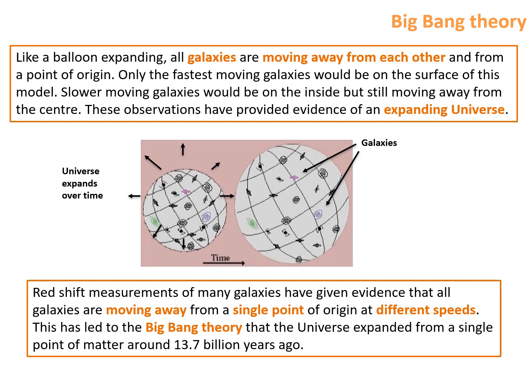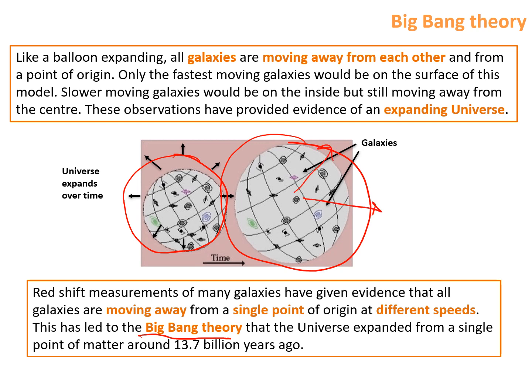So here is the universe a few billion years ago, and here is the universe now. The galaxies are moving away from each other, as if there was a big bang that caused everything to expand outwards from an original central point. And we are just sat there in one of these little galaxies made up of hundreds of millions of stars, and we're going around one of those stars, our sun, as we move away from the other galaxies.